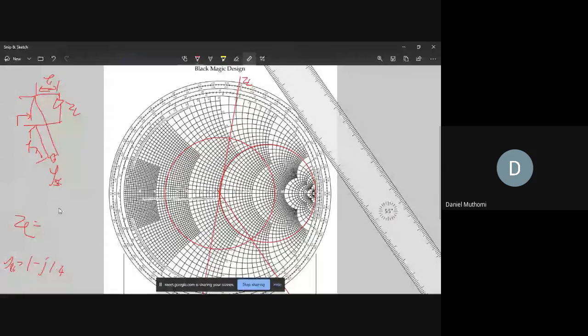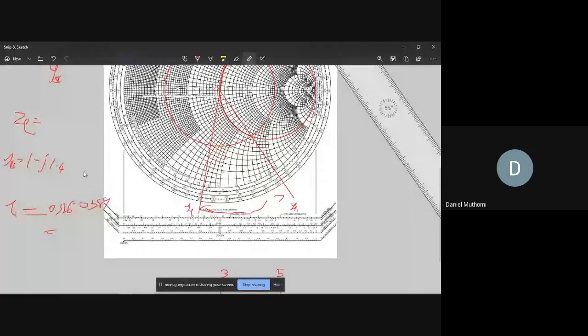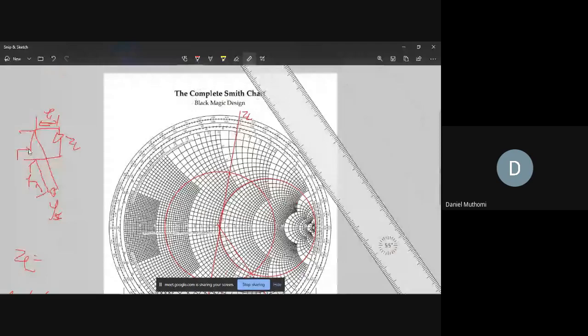Now for the stub, we usually want a value that will eliminate the admittance that you're looking at that point.